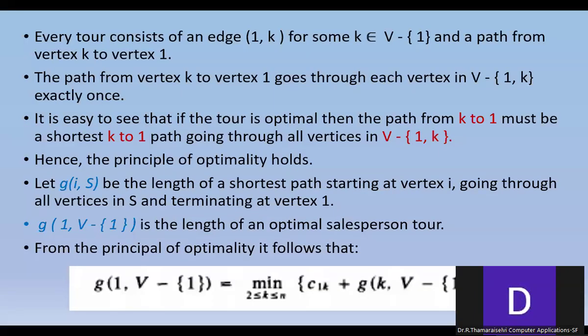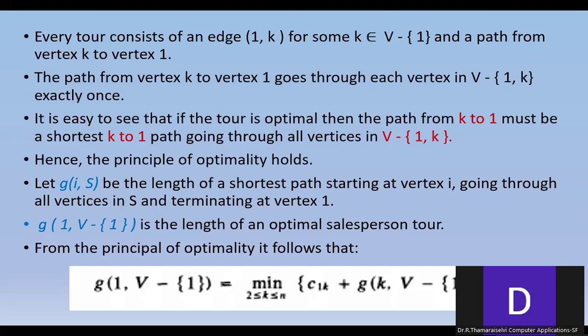So every tour consists of an edge (1, k) for some k belonging to V minus 1. Here k means the set of vertices, V minus 1. Except the vertex 1, he has to travel all the other vertices.